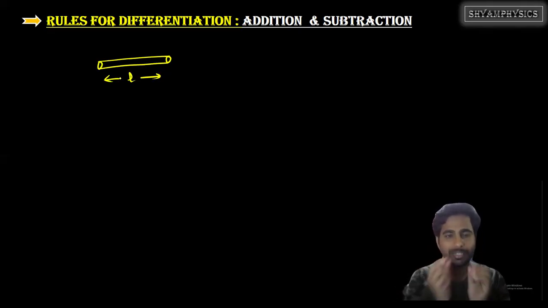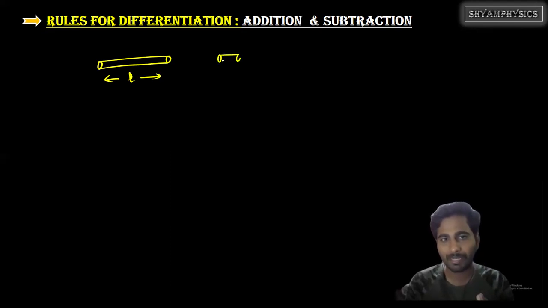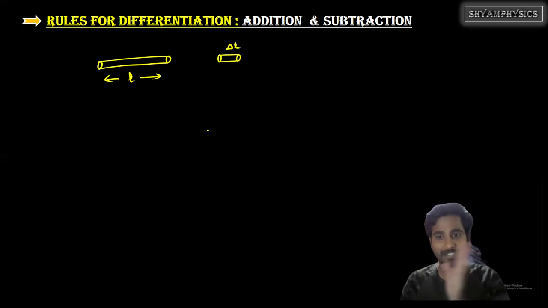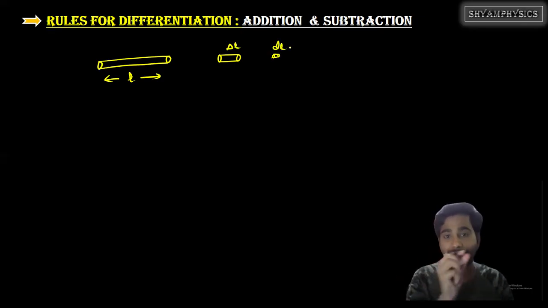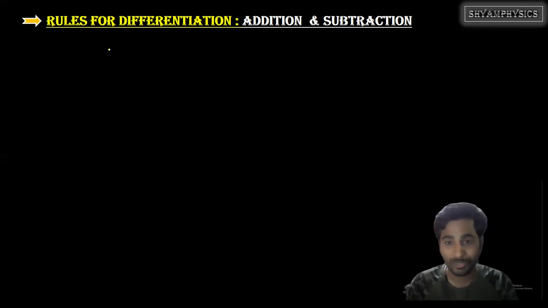A small part of that length, I can call delta L. If I go with an extremely small part of this material, we can call this dl. This is the differential term of the function L. In this way, I started and told how to differentiate.